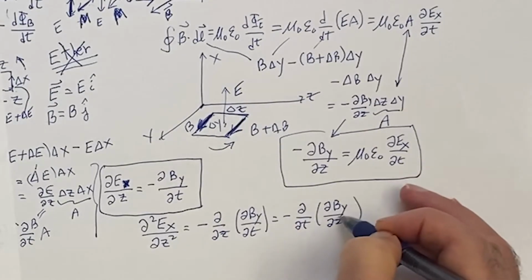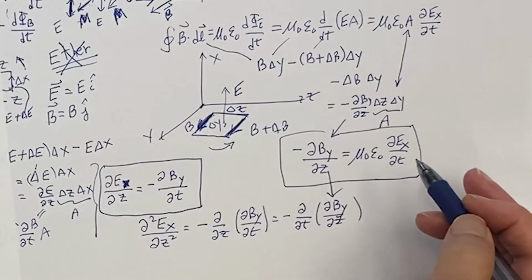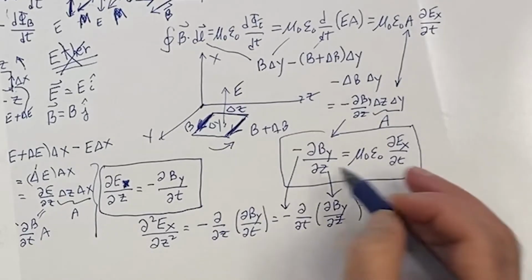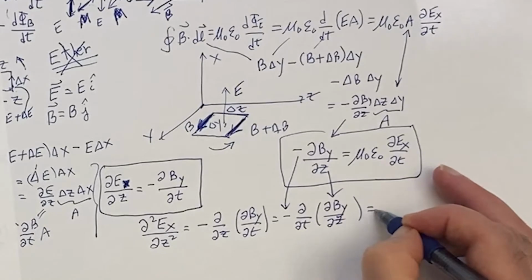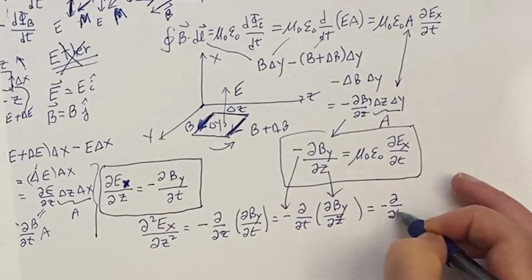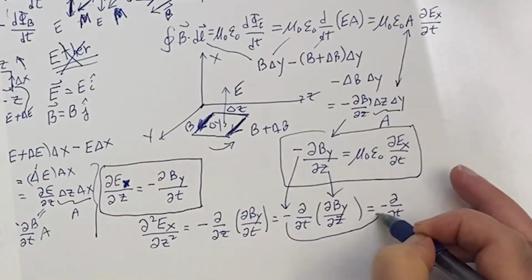And guess what? Look at that. That's amazing. In fact, even that sign there, you're going to get some signs. But let's go ahead and substitute it. Let's not get too fast here.